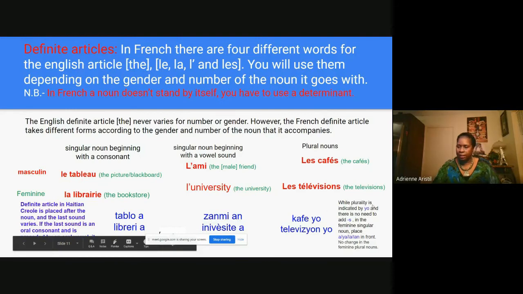While plurality is indicated by yo, there is no need to add an S. And for the feminine singular noun, place a, la, after it, no change in the feminine plural noun.